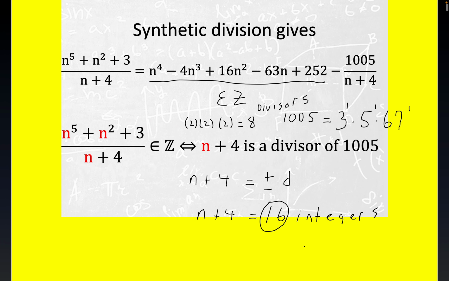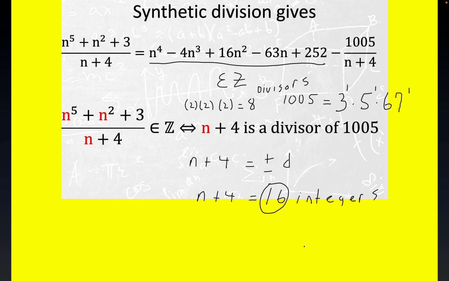And if you're not satisfied with this, let's just take a look at a couple of the possibilities. Let's write down some of the divisors of 1005, according to this prime factorization right up here: 1, 3, 5, 15.